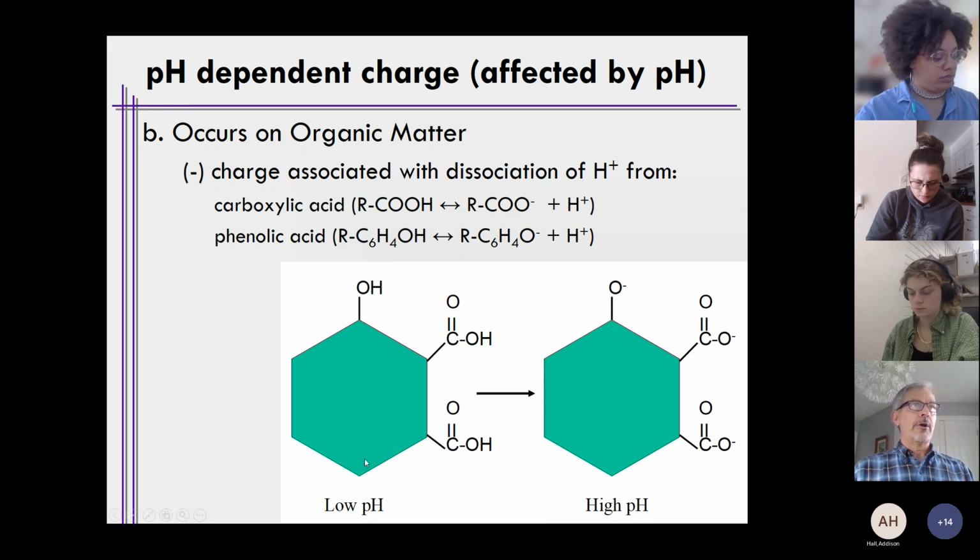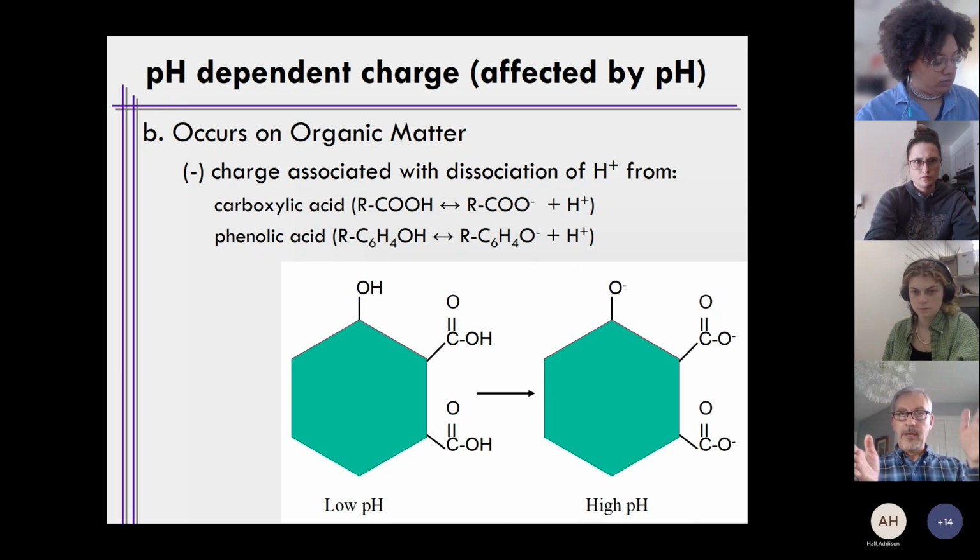So the negative charge that comes from pH-dependent charge in organic materials is simply from the dissociation of the hydrogen from either carboxylic groups or phenolic groups that are sticking out from the edge of organic material into the soil solution, right?